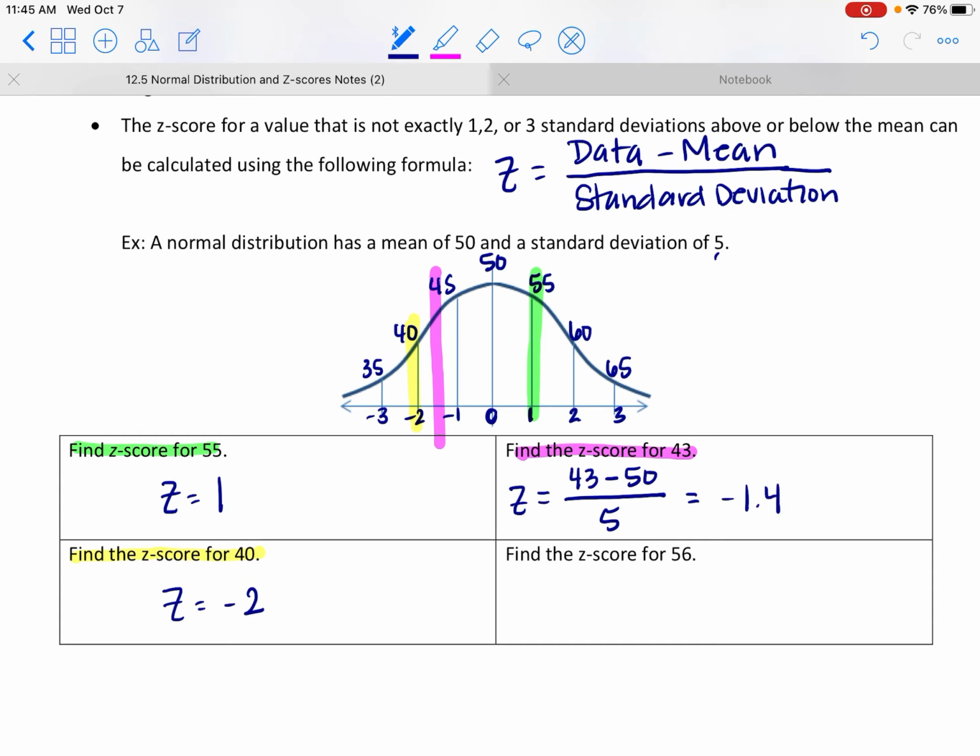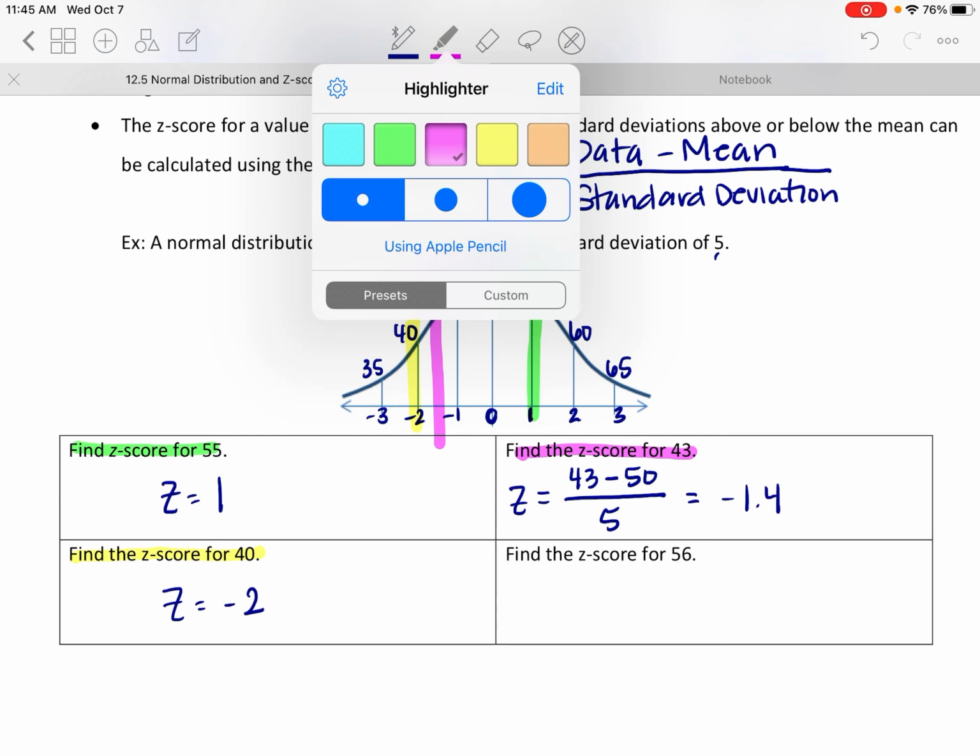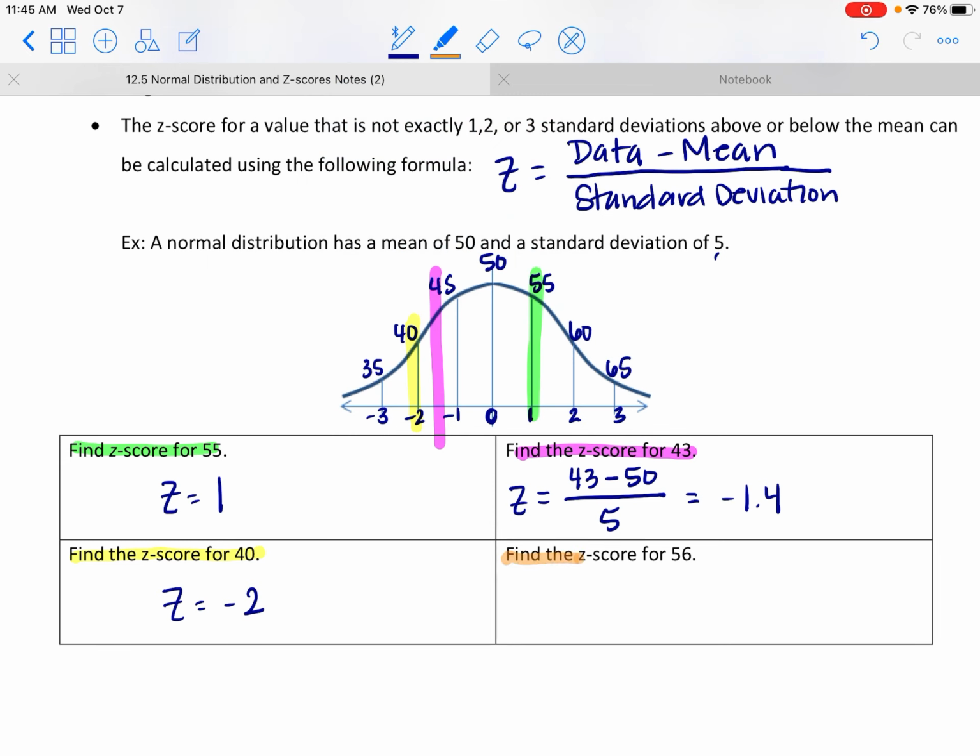And that should make sense, right? We knew it had to be between negative 1 and negative 2, and now we know exactly that it's at negative 1.4. Okay? And then similarly, if we wanted the z-score for 56, I know it's going to be a little bit after 55, and so I know my z-score is going to be between 1 and 2, but I don't know exactly what it is, and so I can use my formula.